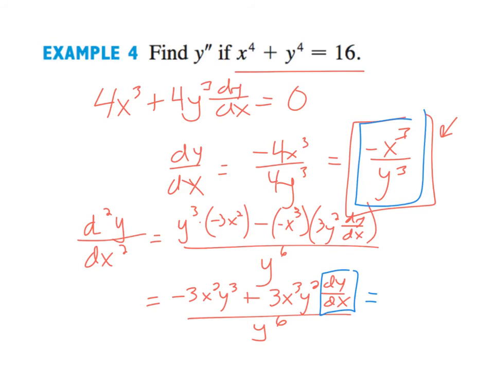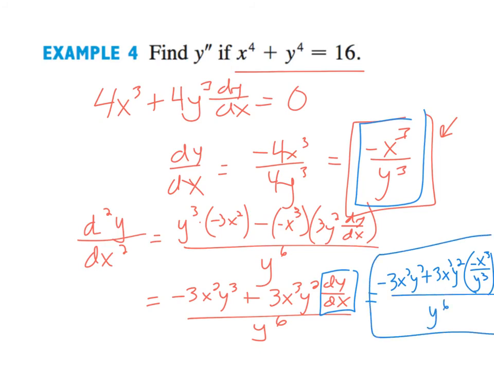And so our final answer would be negative 3x squared y cubed plus 3x cubed y squared, and you're subbing in the negative x cubed over y cubed for that derivative. And the book might have it a little bit simplified. In fact, you could cancel the y squared over y cubed and call it over y. You could do common denominator work on top, bringing that y in the bottom, but remember that this is fully acceptable as a final answer.